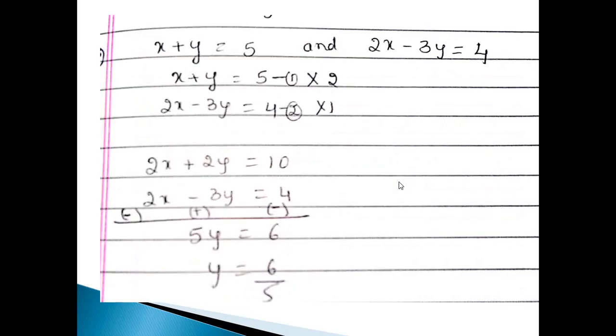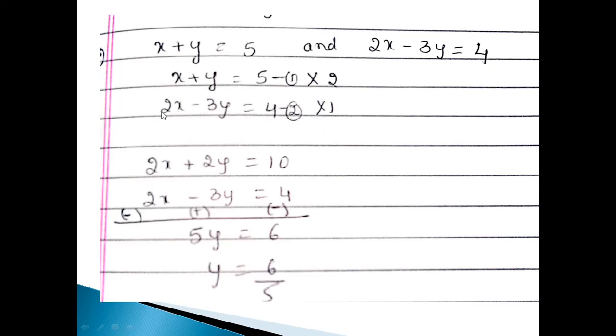Yes, here is one more problem. x plus y is equal to 5 and 2x minus 3y is equal to 4. Solving these two equations, as I already told, the coefficient of x in the first equation is 1, to be multiplied with the second equation.